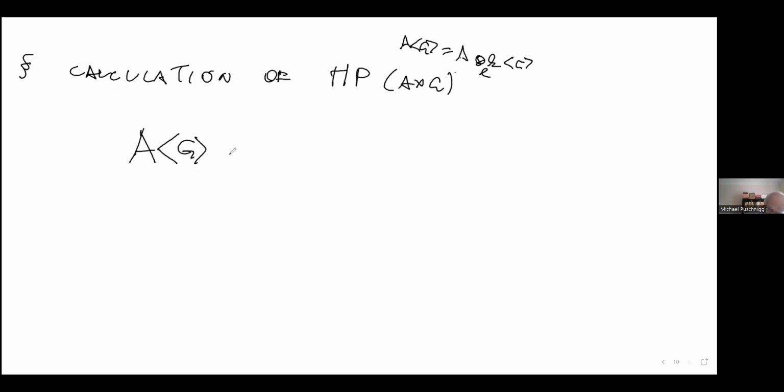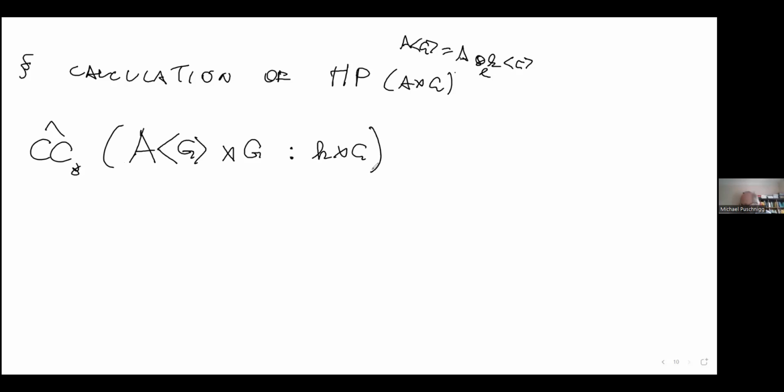And as there is a G action, I can take the cross product with G. Sorry, the G action on the KG side is left translation. So I let G act on A by the given action, and it acts here by left translation on this copy of G. And I look at the periodic cyclic complex of this, but relative to the group ring.